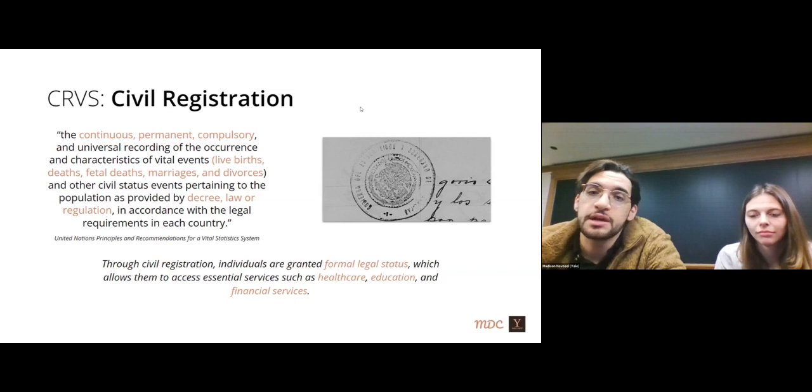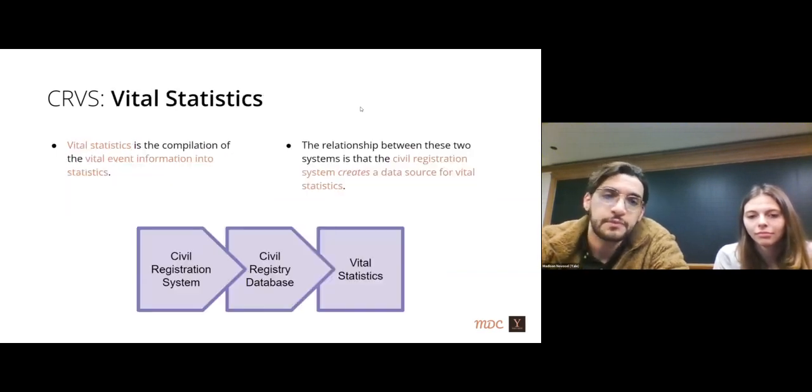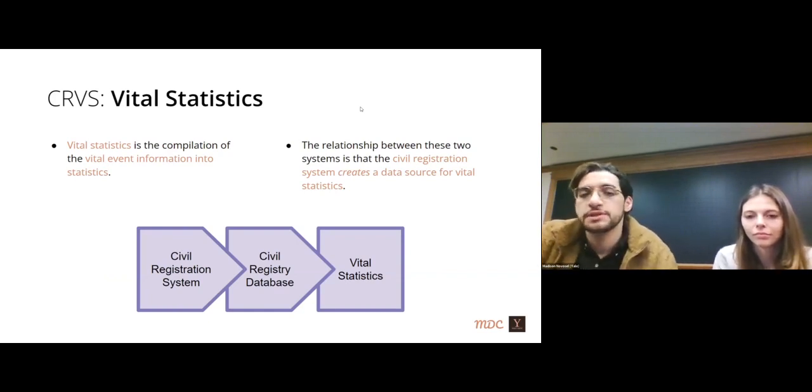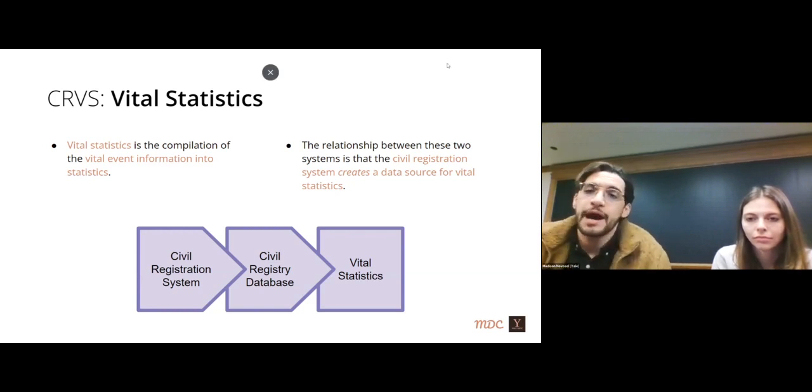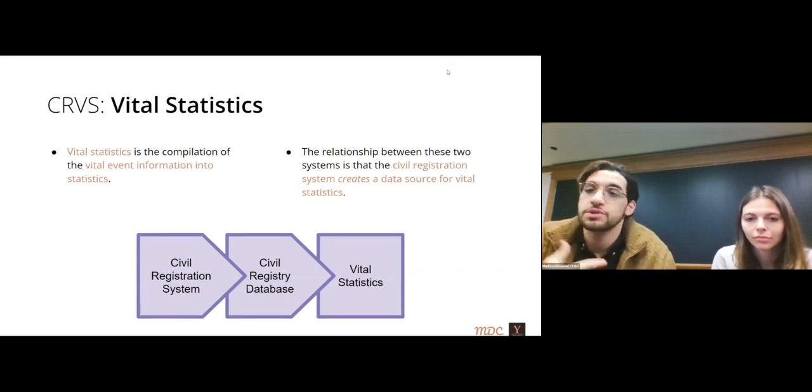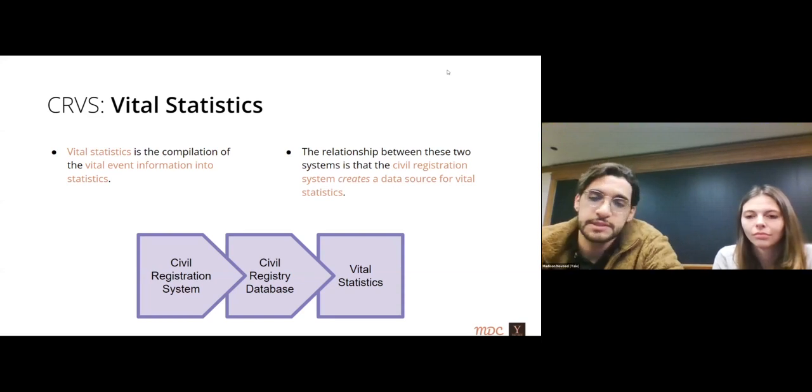So CRVS may play an even more important role in different countries. Civil registration is the collection of these data points. When you compile that information into statistical information and start making sense of it, that is the vital statistics part.